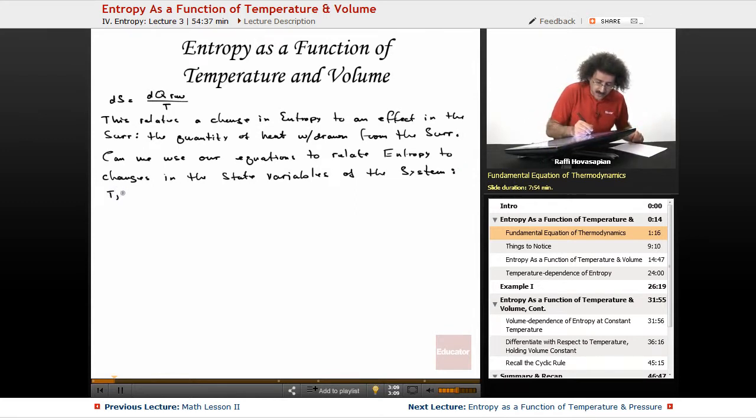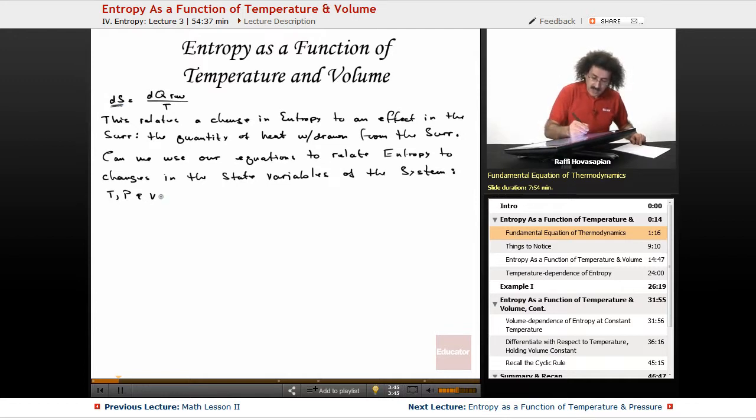In other words, temperature, pressure, and volume. Temperature, pressure, and volume are easily measurable. Not that heat isn't. It's just that if I can find a way to use the equations that we have at our disposal to express this delta S, or the dS, in terms of the pressure, the temperature, and the volume, and maybe energy, it would be very, very convenient. So that's what we're going to set out to do. That's our goal. That's our big picture. We want to express entropy in terms of temperature, pressure, and volume. Let's see what we can do.